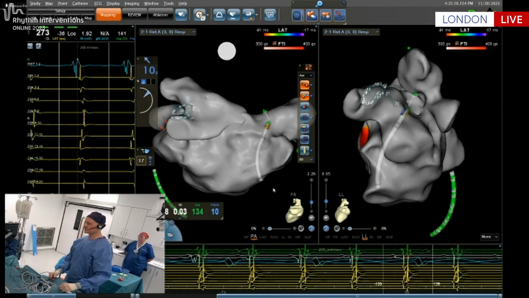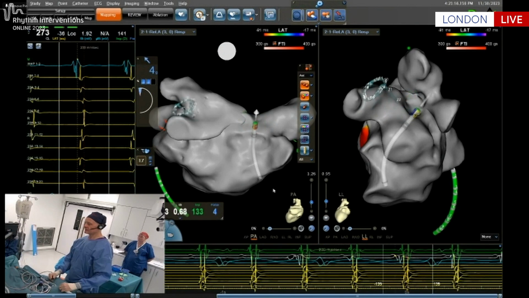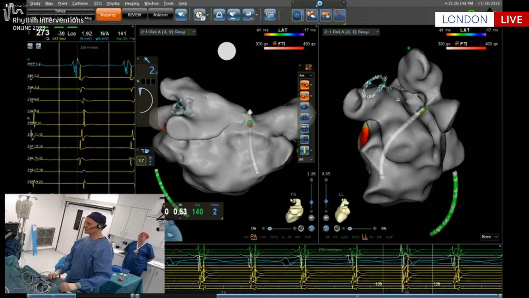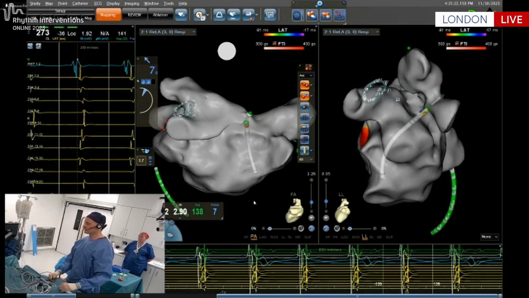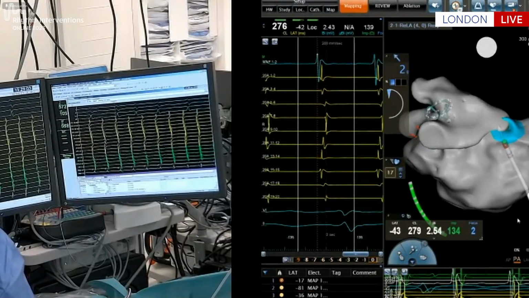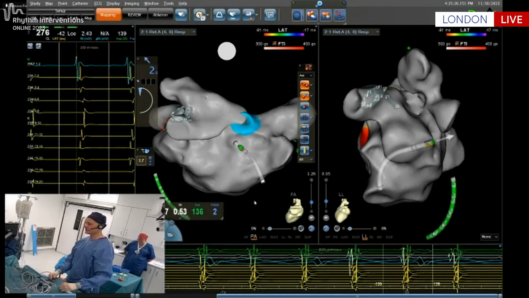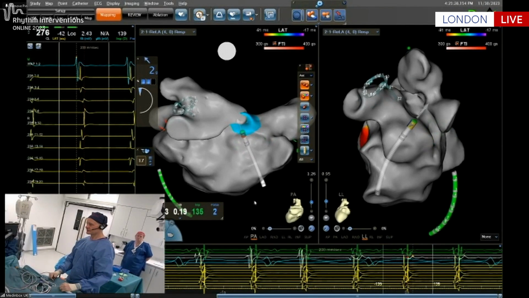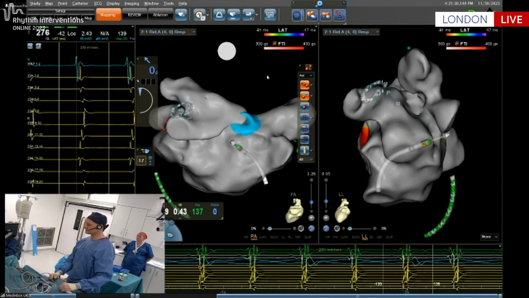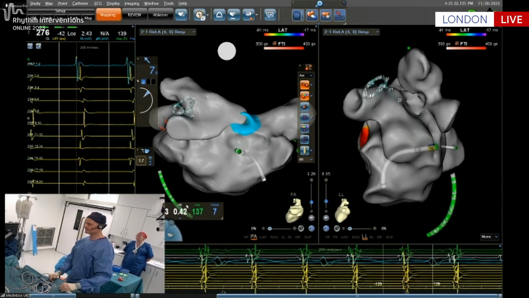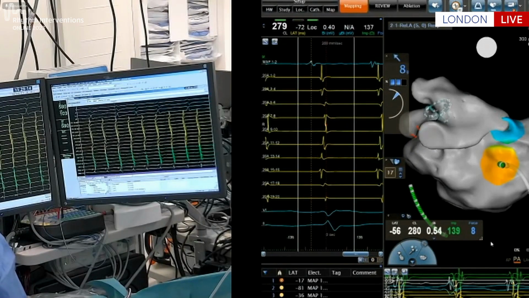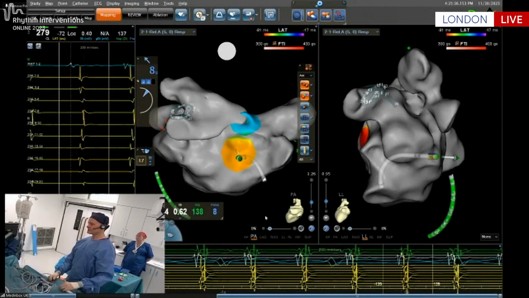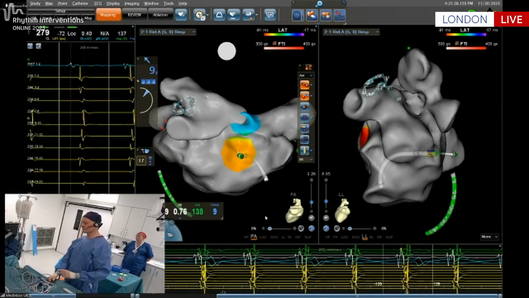And what I'm expecting to see on the back wall is activation go from superior to inferior. So white, light blue. And so it's going earlier, so inferior to superior.